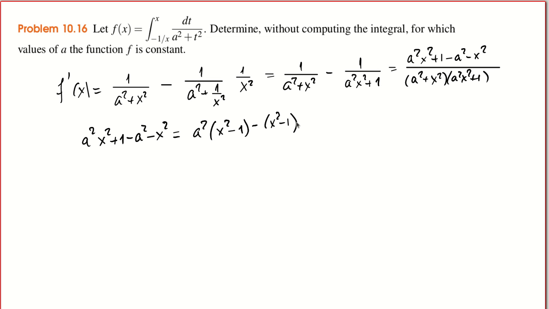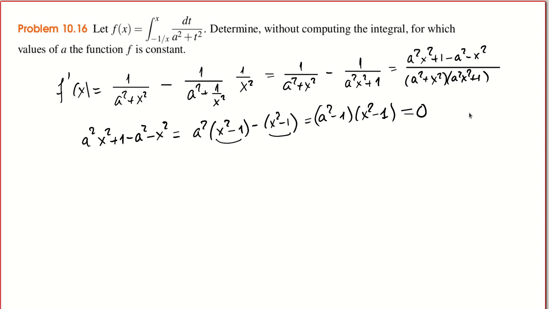It doesn't matter how you write it, but in this way you can see that this is a common factor, and then you can express this as a squared minus 1 times x squared minus 1. And now you have to find which values of a make this expression identically 0 for any value of x.